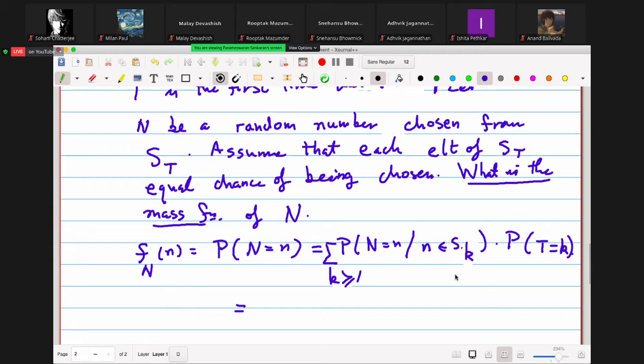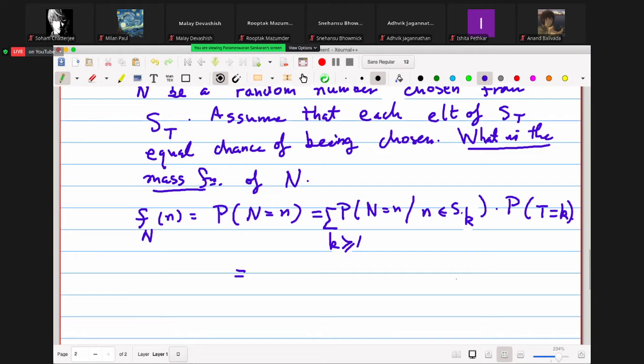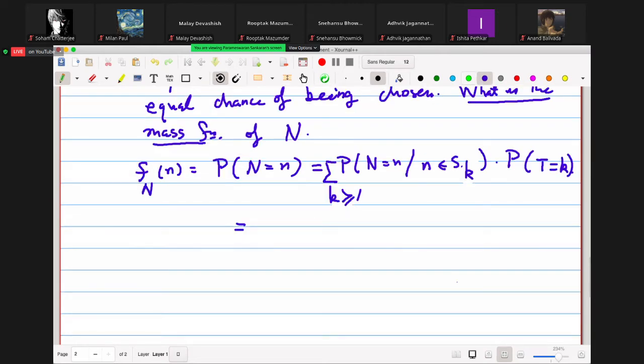For example, if n is equal to 23075, then k has to be equal to the number of digits: 1, 2, 3, 4, 5. Five digits. So this number 23,075 belongs to S_5. So there is a unique k for which it belongs. This is easy to compute.